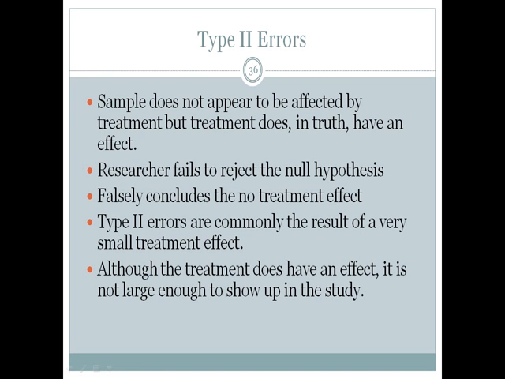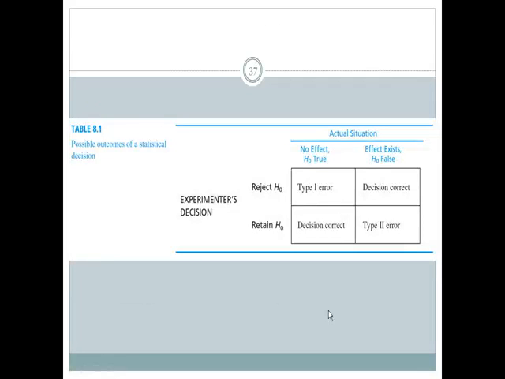So this 2x2 matrix that you can find in your book is, this is always the easiest way for me to understand type 1 and type 2 error rate. So on the left, you'll see this is the experimenter's decision, and at the top you'll see there's two possible actual situations.